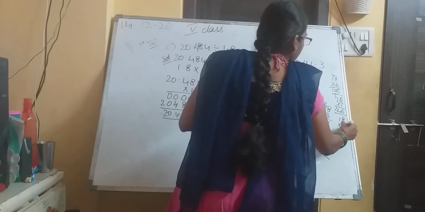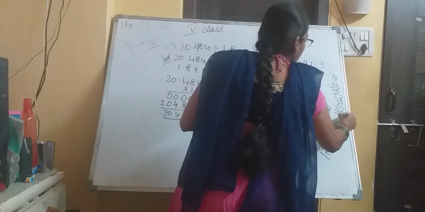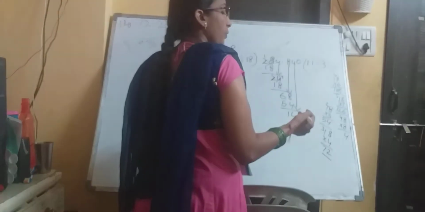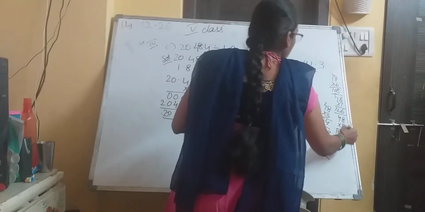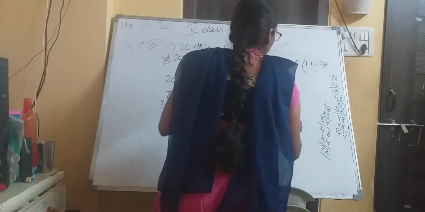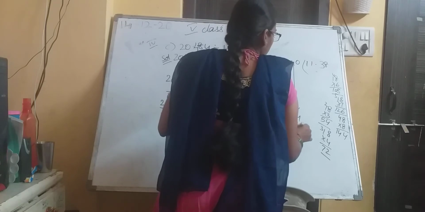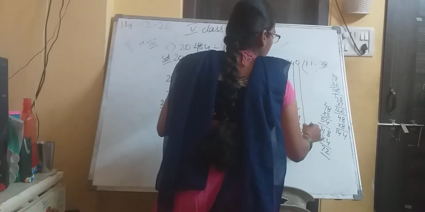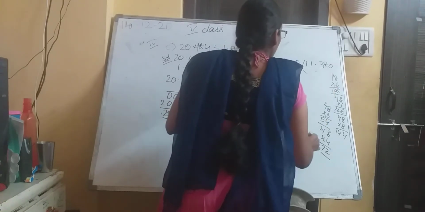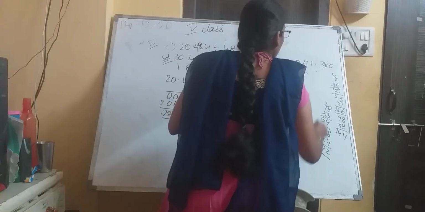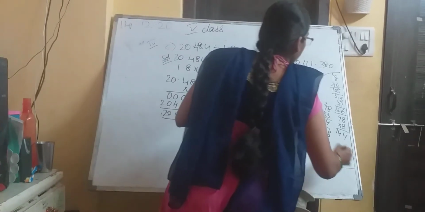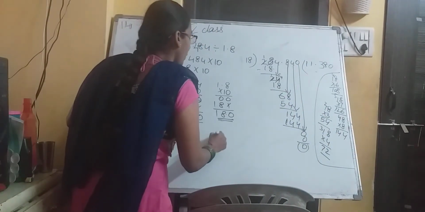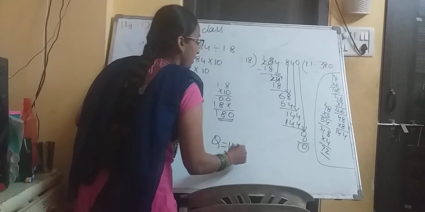So 18 8s are 144. See, 18 8s are 144. So again 0 comes down. 18 zeros are 0. See, all this in rough column, children. So quotient is equal to 11.380.